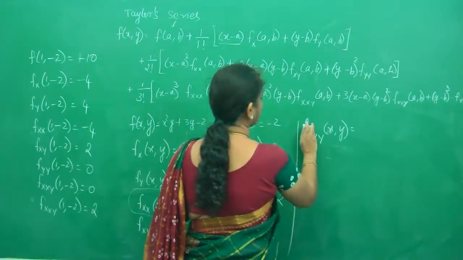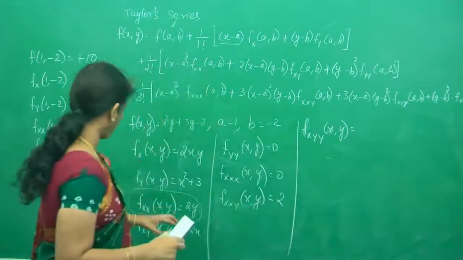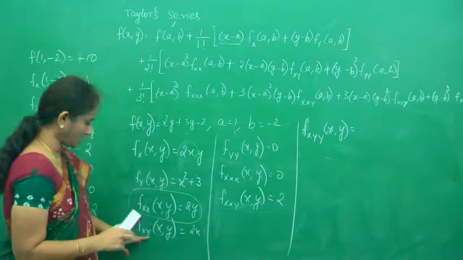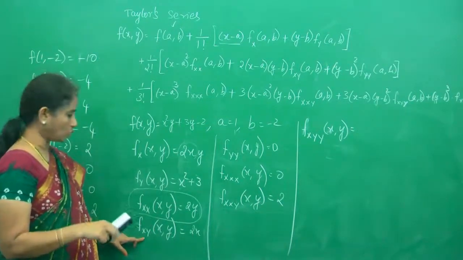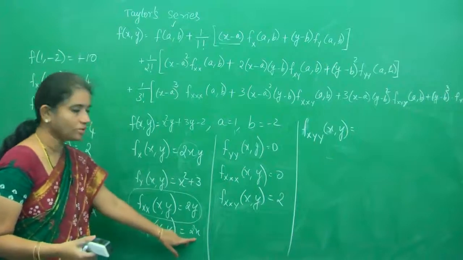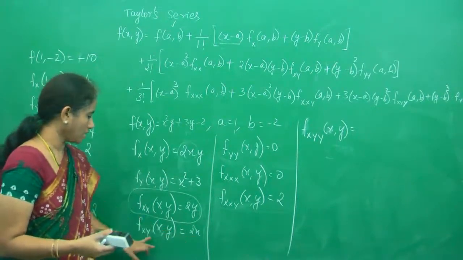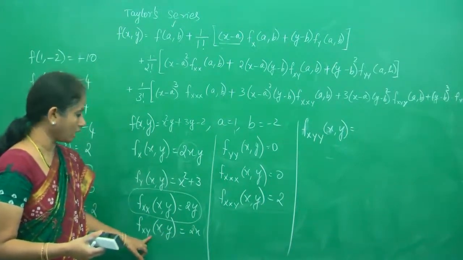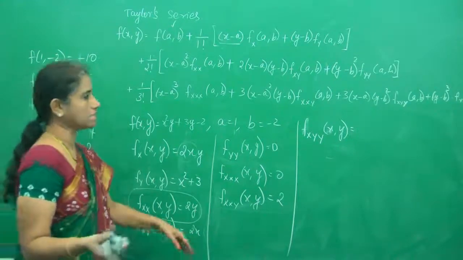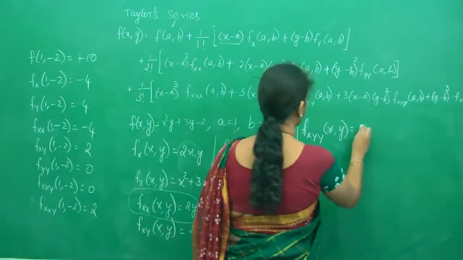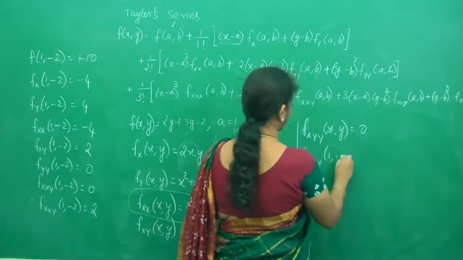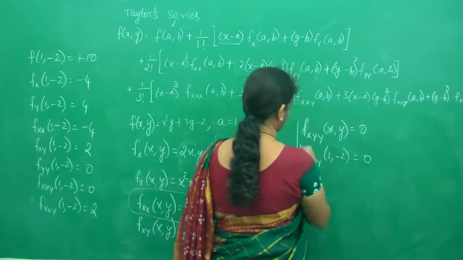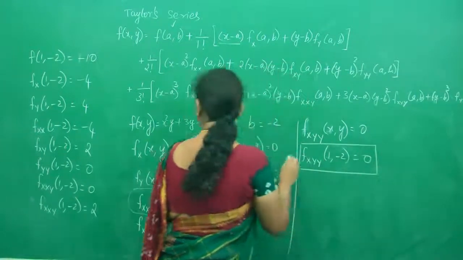Okay, what is fxy of xy? Where is fxy? fxy is here. Okay, so this you need to differentiate with respect to y. Again, it's easy for you. Why? Because I am going to differentiate this with respect to y, but it is in x, so I know it is 0. So simple for me. So fxyy of 1 comma negative 2 is 0. Keep it ready.